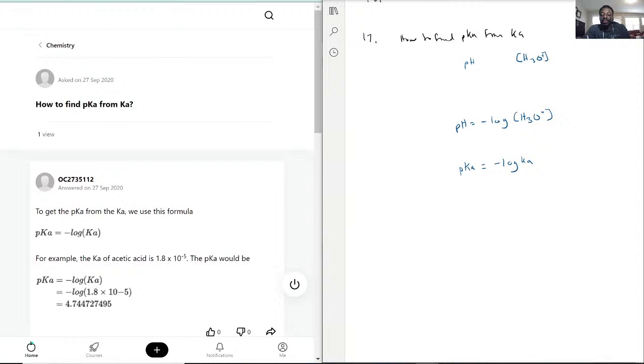So what this means actually is that based on the dissociation constant, there is an appropriate acidity value, like a pH value, that the acid would like to be at. So if you had a Ka value of, let's use acetic acid for example.